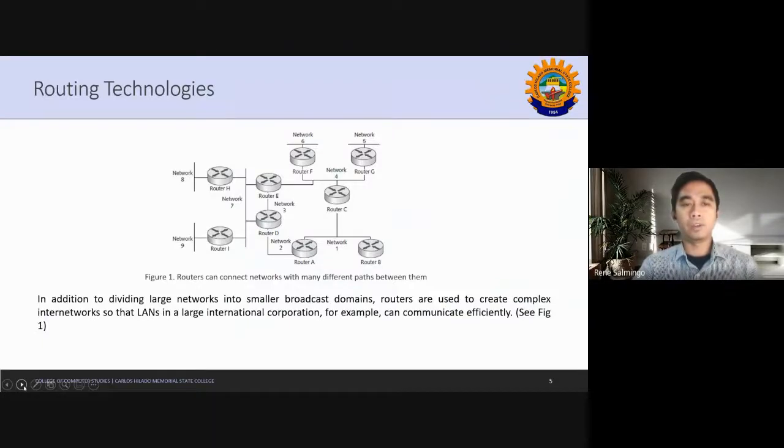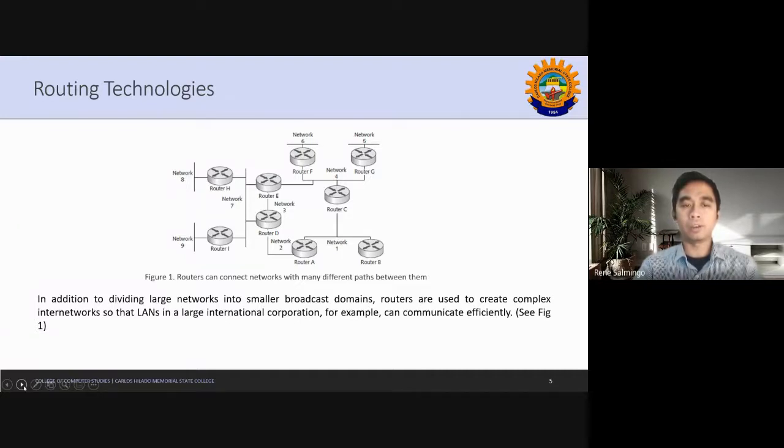And for this, we'll move forward. Aside from that, what is a router? A router allows you to connect to your ISP, or your internet service provider, and it divides the network into several broadcast domains.